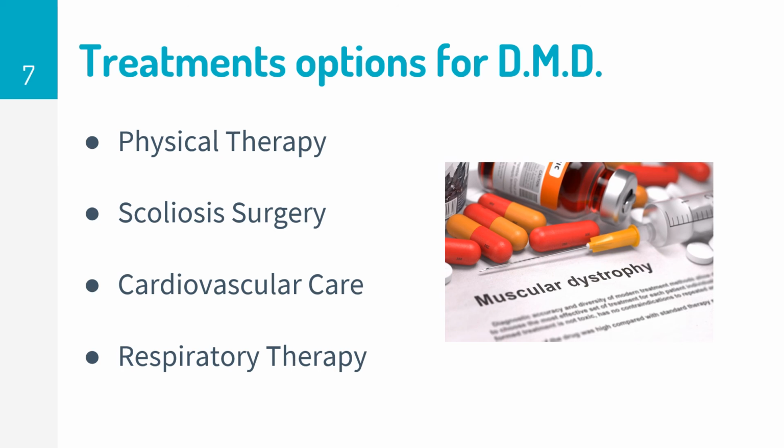And the last form of treatment is respiratory therapy. In individuals that do have DMD, there are a number of respiratory complications that can arise: ineffective cough, lower respiratory tract infections, obstructive sleep apnea, and also respiratory failure.